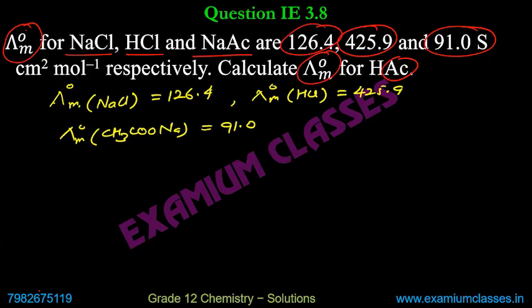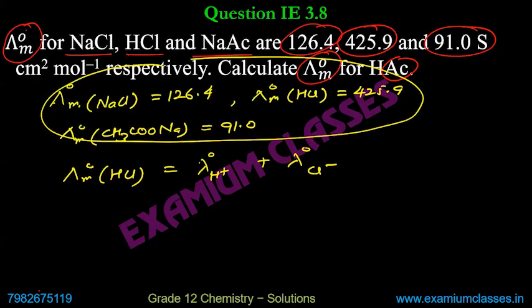And what you need, lambda m naught of HCl will be H plus Cl minus, means lambda naught of H plus, lambda naught of Cl minus. So this is what you need to find out with the help of these things.